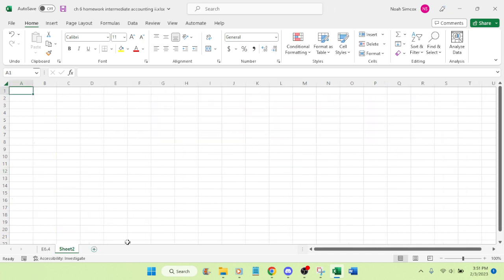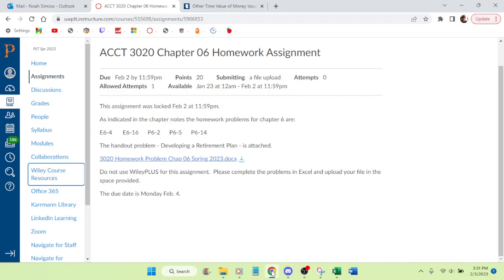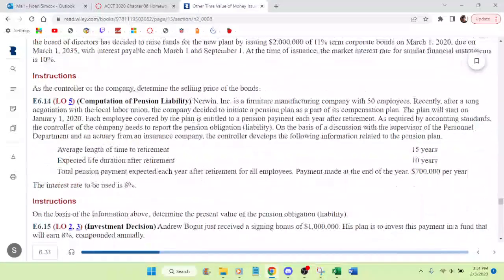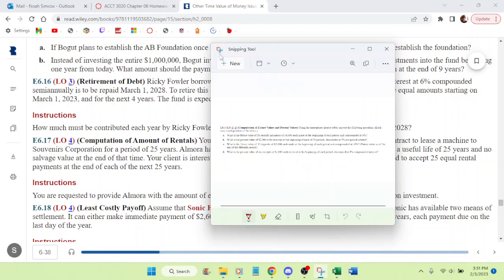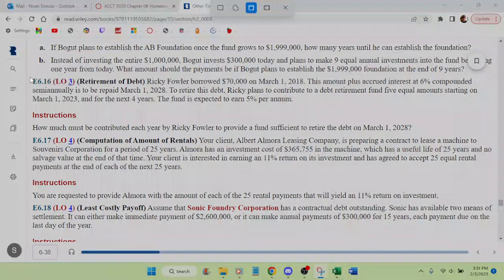So, we have done exercise 6.4. We now need to do exercise 6.16. So, we will take a screenshot of 6.16.